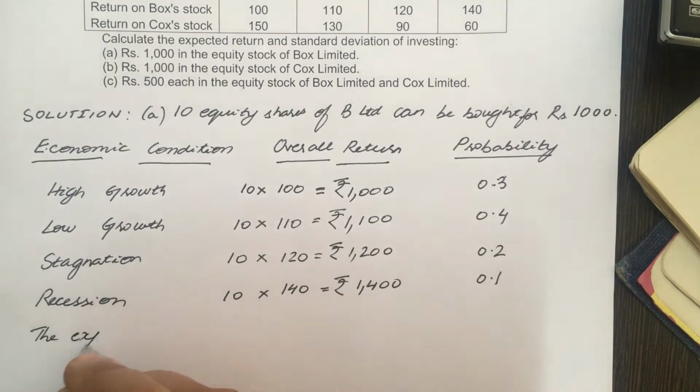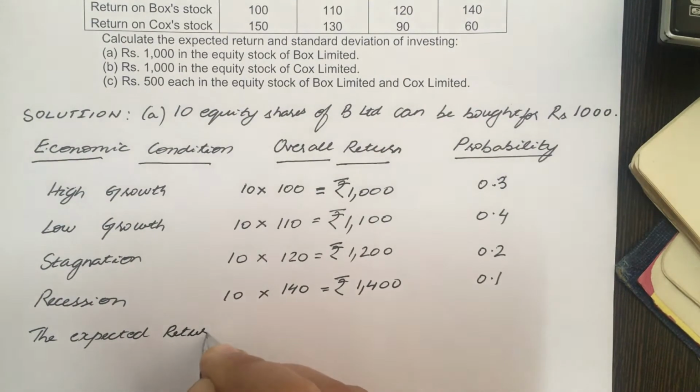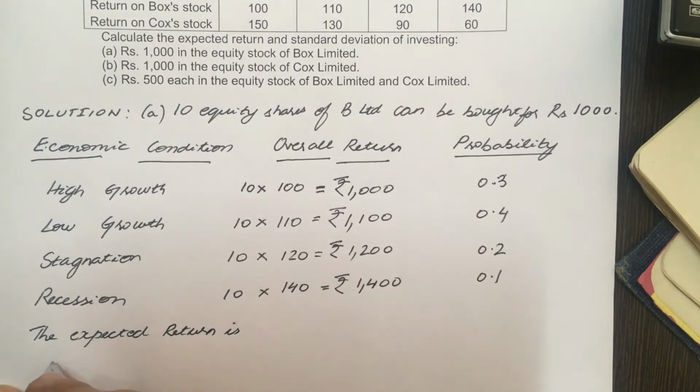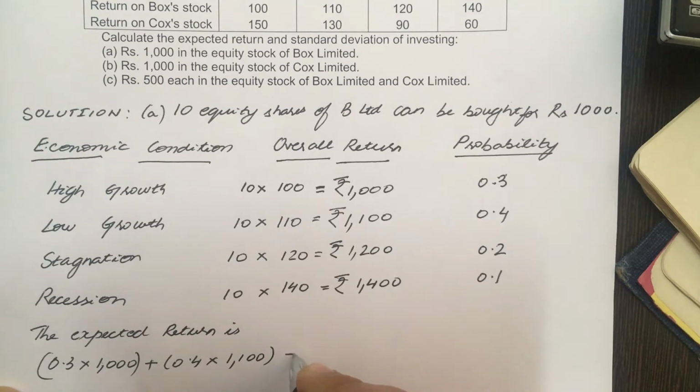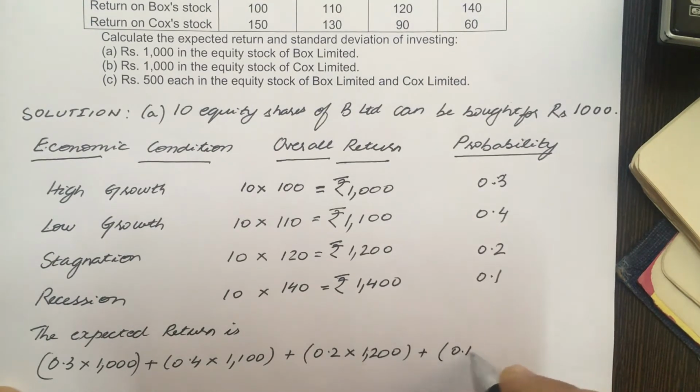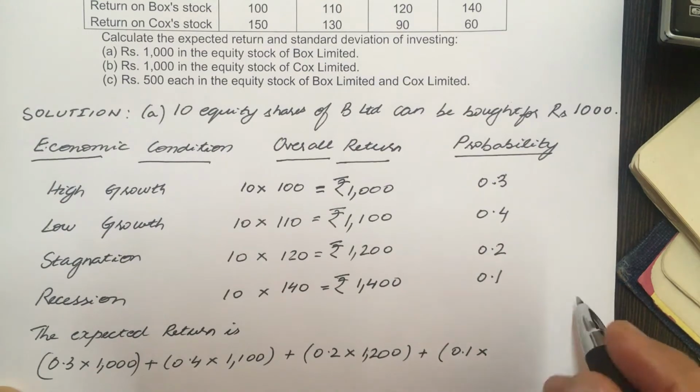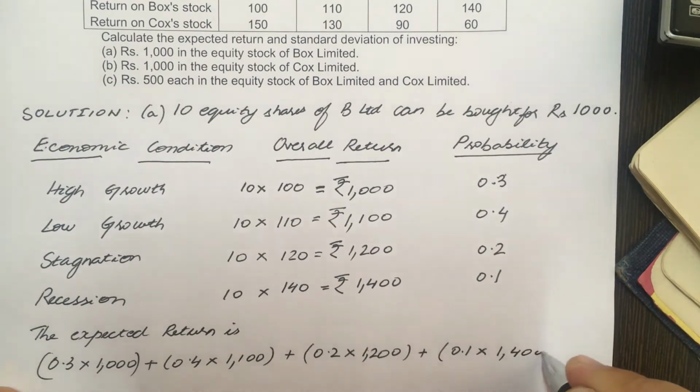So the expected return is 0.3 into 1000 plus 0.4 into 1100 plus 0.2 into 1200 plus 0.1 into 1400.